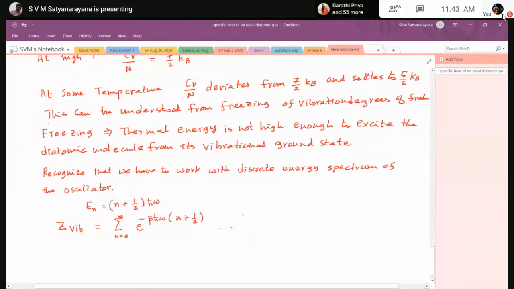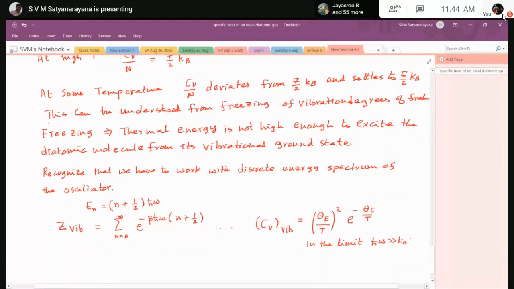So if you do this, then you will get a contribution to C_V, the vibrational contribution, which turns out to be something like this: there is a temperature which you call the Einstein temperature, theta_E divided by T, whole square, into e to the power minus theta_E by T. This is under the assumption, in the limit, that h bar omega is much greater than kT.